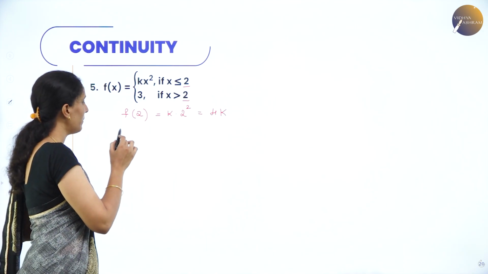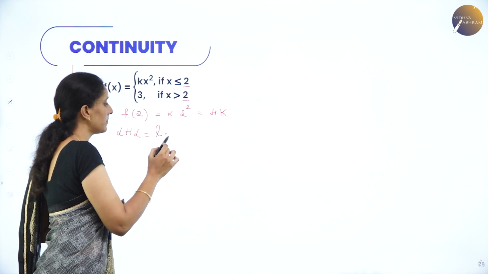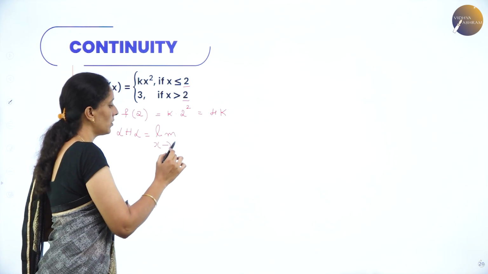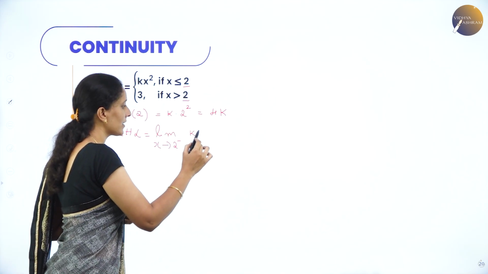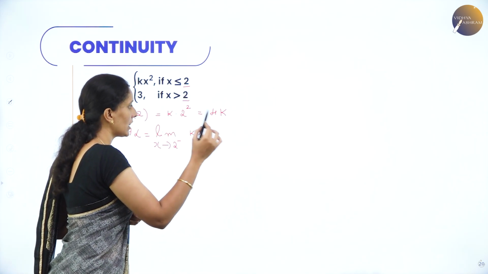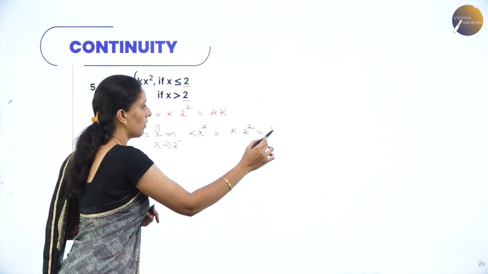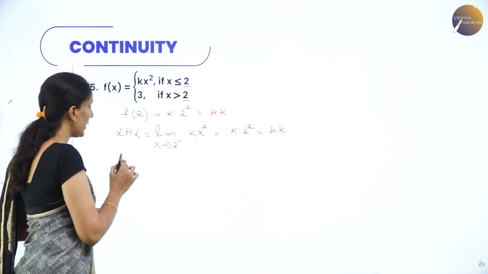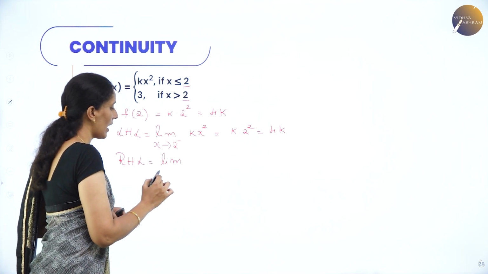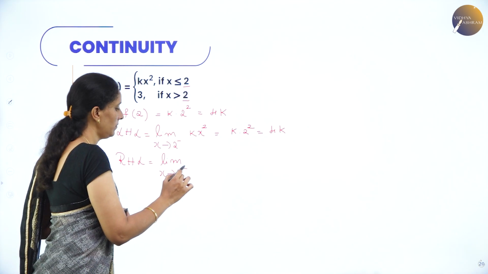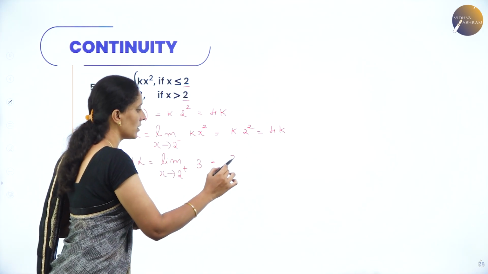What is the left hand limit? Left hand limit, that is limit as x tends to 2 minus, f of x is defined as kx square only, which is nothing but k into 2 square, which is equal to 4k. Now let me take the right hand limit, that is whenever x is greater than 2, the function is 3. So the value is equal to 3.